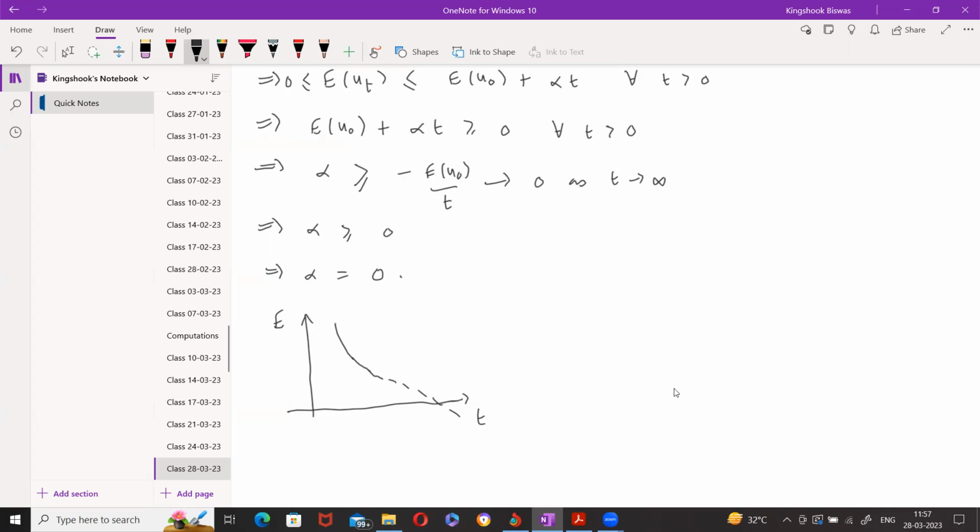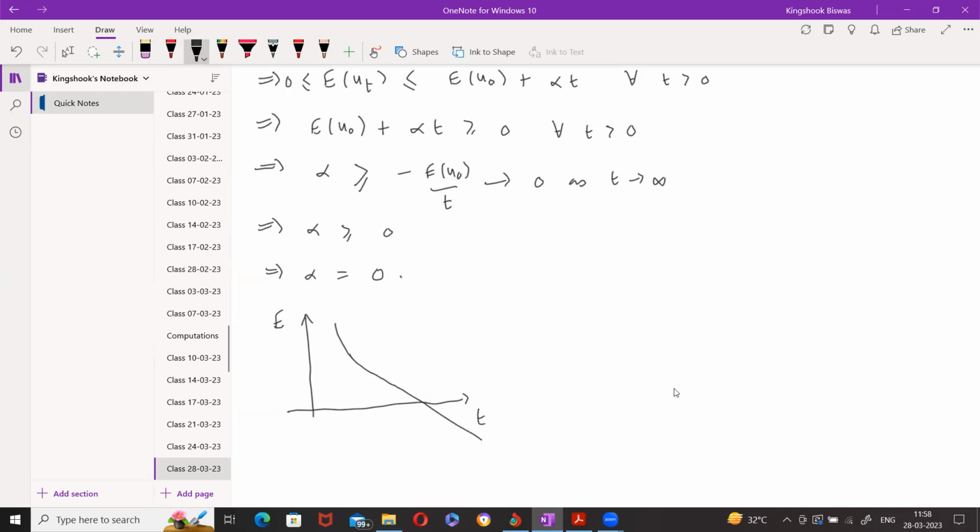It would converge to alpha. So the slope would be less than or equal to alpha, right? So then it would decrease at least as fast as the line segment with slope alpha. So it would have to tend to minus infinity.